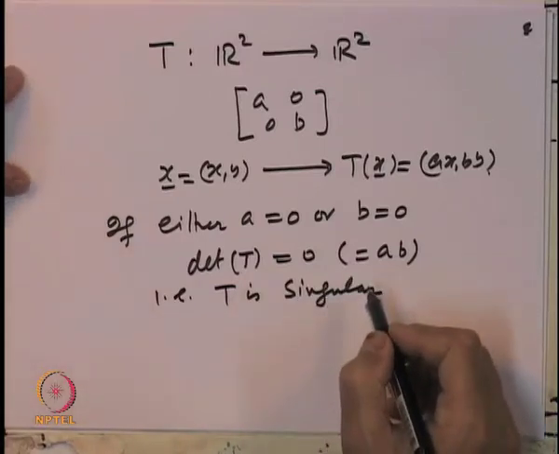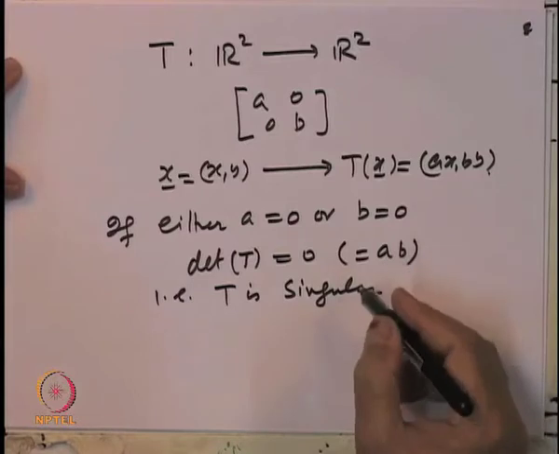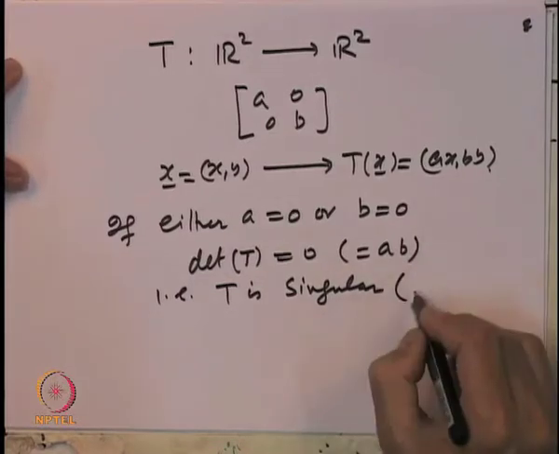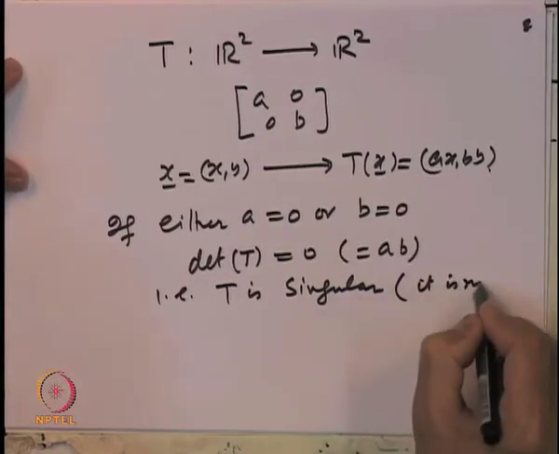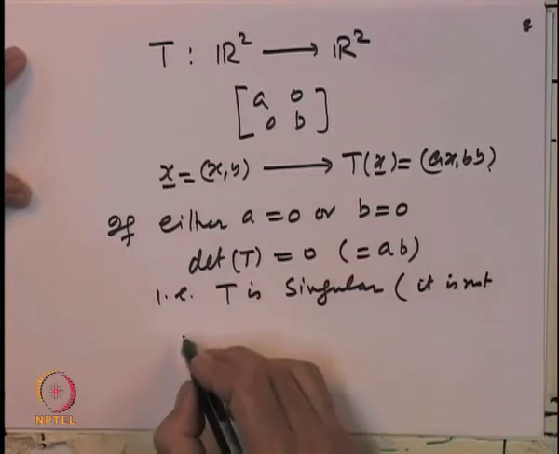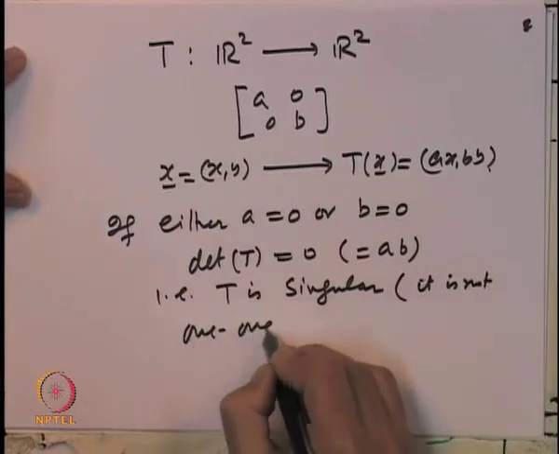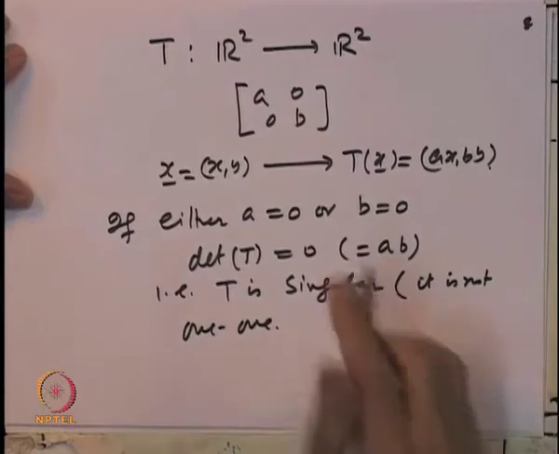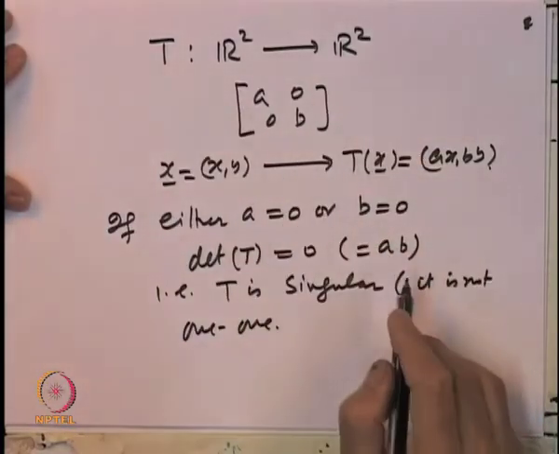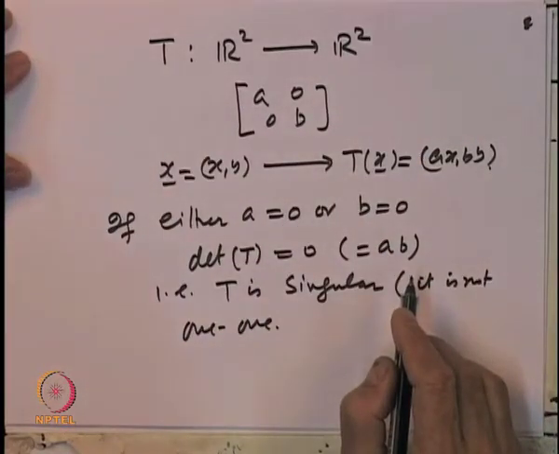Whenever the determinant of a linear transformation is 0, T is singular. In terms of functions, it is not 1-1. So, T is a linear transformation which is singular, so it is not 1-1.